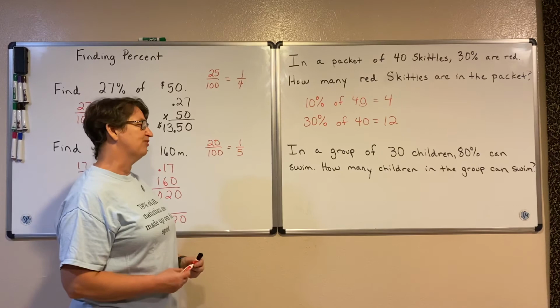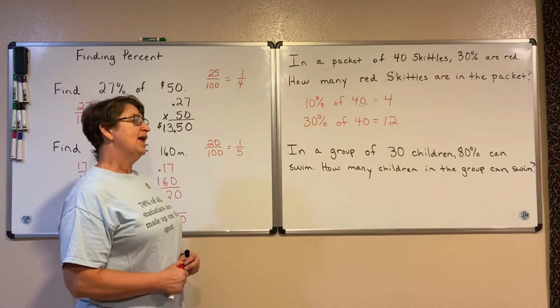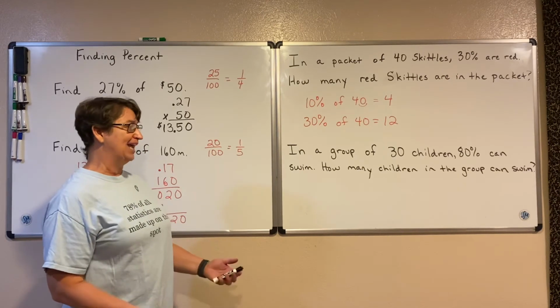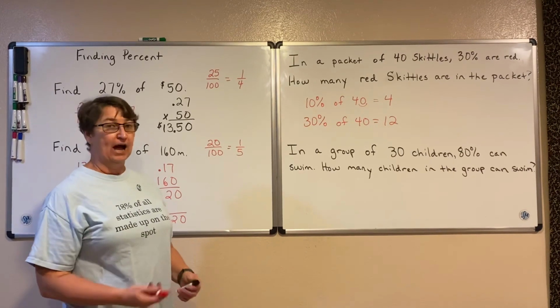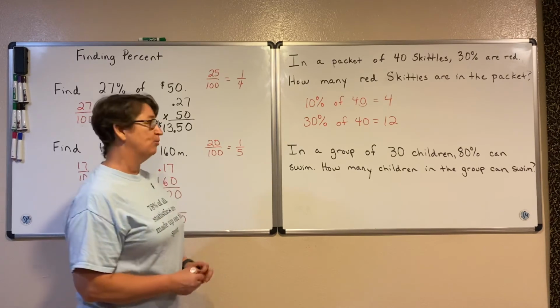Here's another example of that. In a group of 30 children, 80% can swim. How many children in the group can swim? Again, all I'm doing is 80% of 30. So to find 80% of 30, I'm just going to multiply. We can use our 10% rule though to help us again.